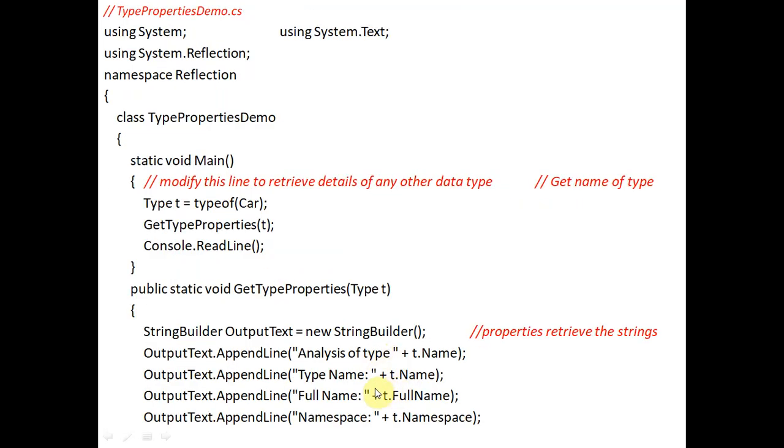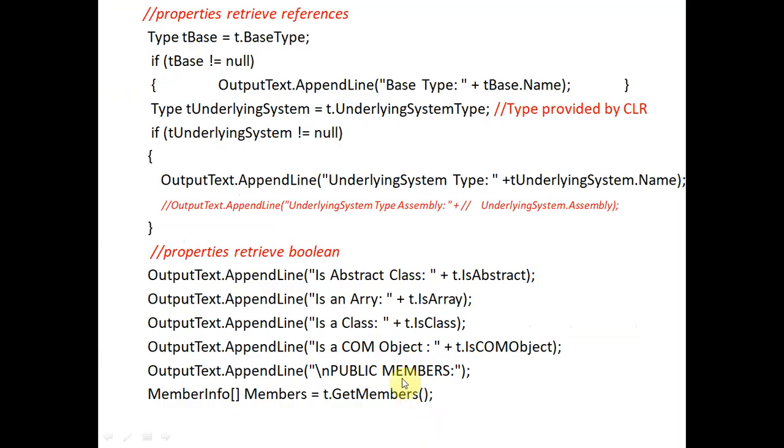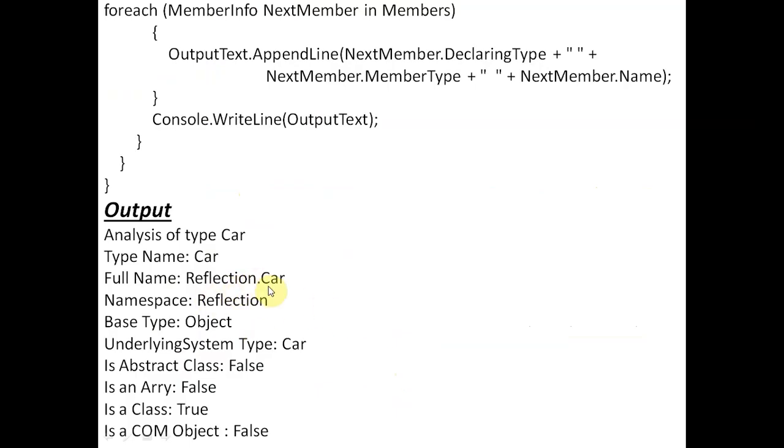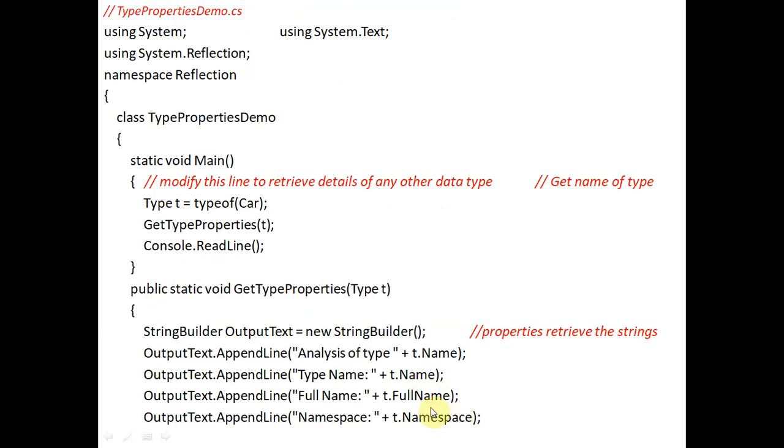Now outputText.AppendLine, this one is the full name, t.FullName. Inside t we have the type of Car. So t.FullName will display Reflection.Car. The full name is Car, which is inside the Reflection namespace, so that's why we have written here full name Reflection.Car.